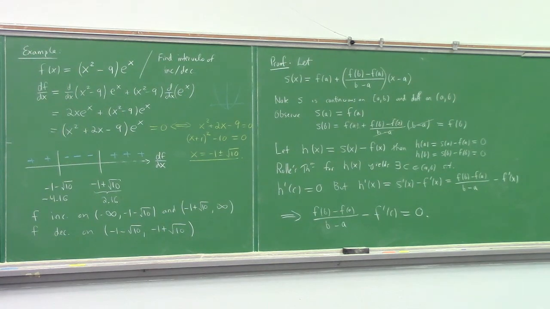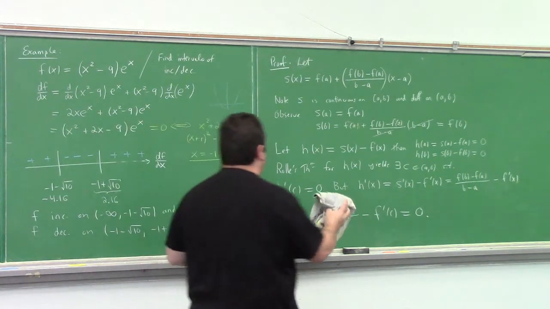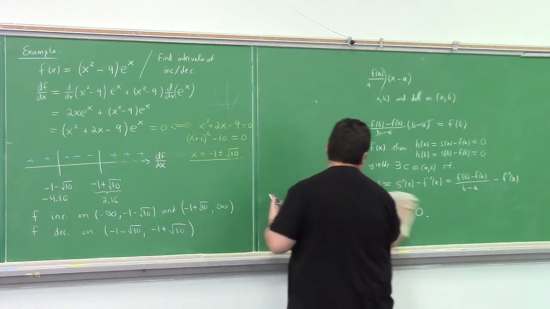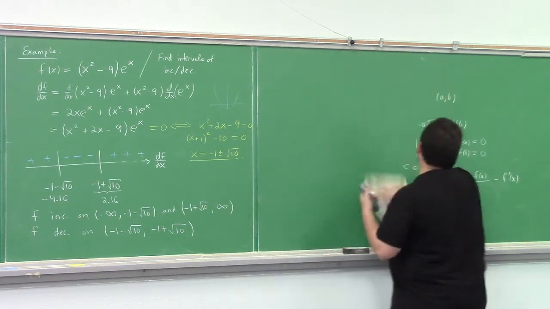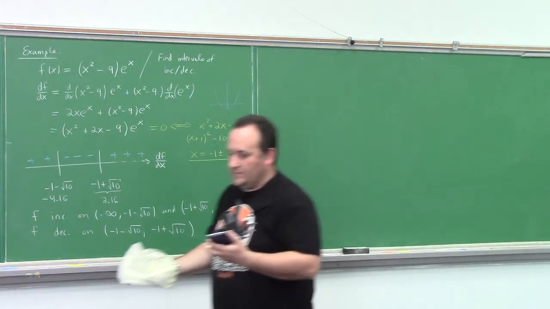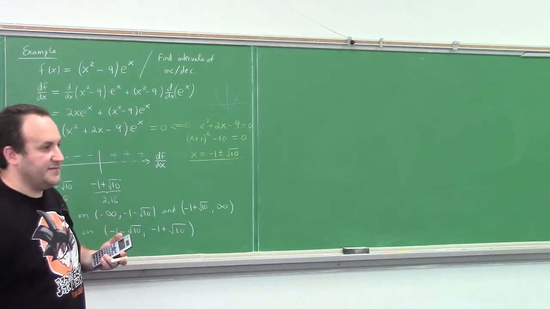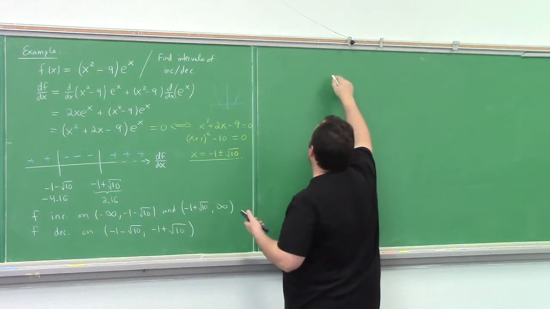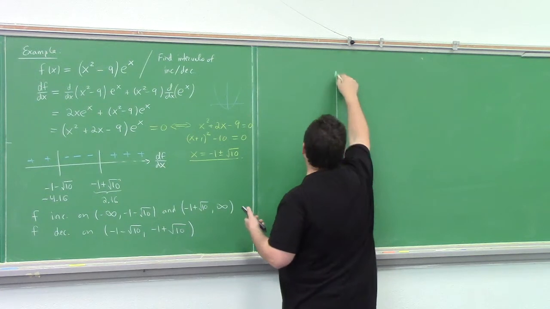Let's graph it. That is ultimately what we're after here, is learning how to use calculus to better inform our graphing. And then also we'll look at applications where we use calculus to maximize or minimize a function. Okay, so here, what's the limit as x goes to plus or minus infinity?